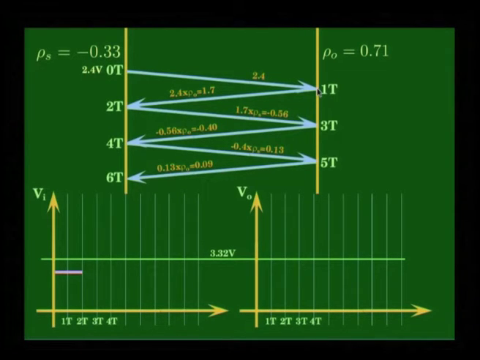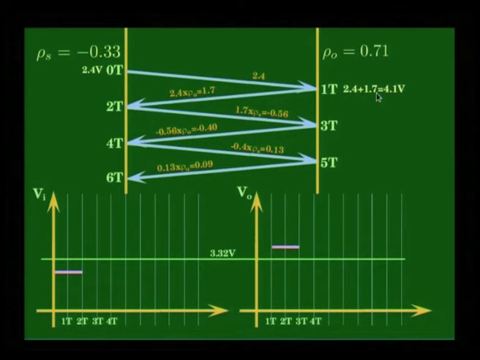Now, at every point of this reflection, you have 2.4 reaching here and 1.7 which is going out. So, at this node point, the voltage at this load side will be whatever is arriving and whatever is leaving, an algebraic sum. So, the value that you will expect to see here is 2.4 plus 1.7, which is 4.1 volts.